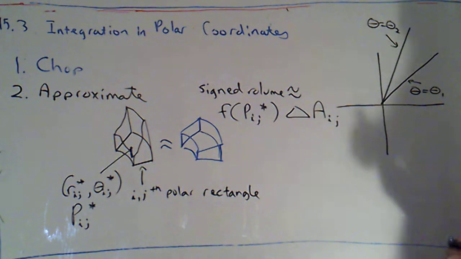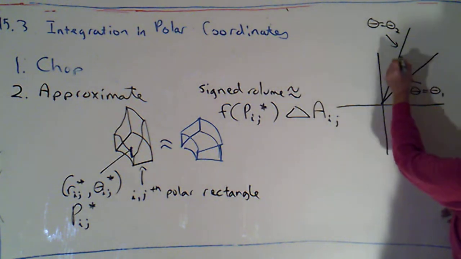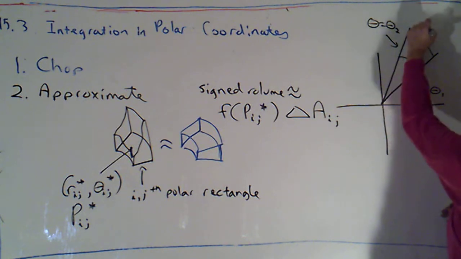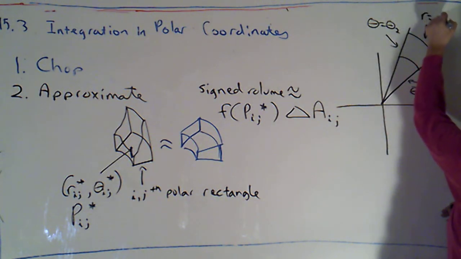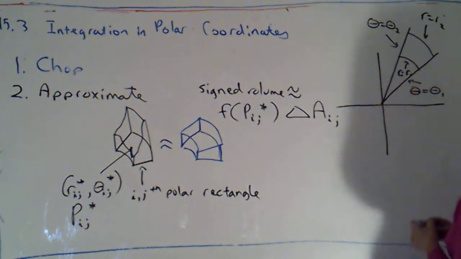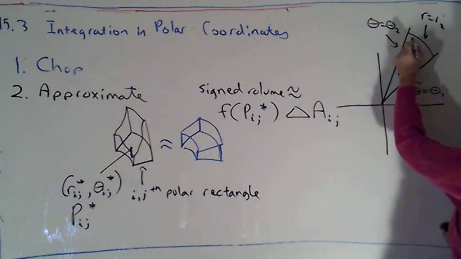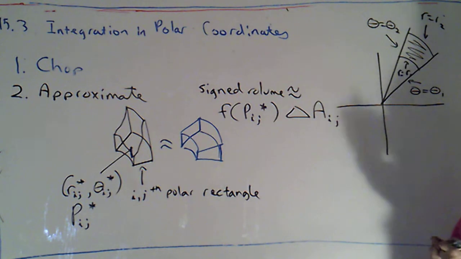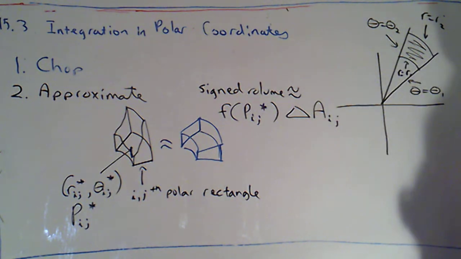I'm just supposing we've got 1 and 2. Okay. And then I'm going to call that r equals r2 and r equals r1. So those are my 4 boundaries for this polar rectangle. And I want to try to calculate the area of that thing.